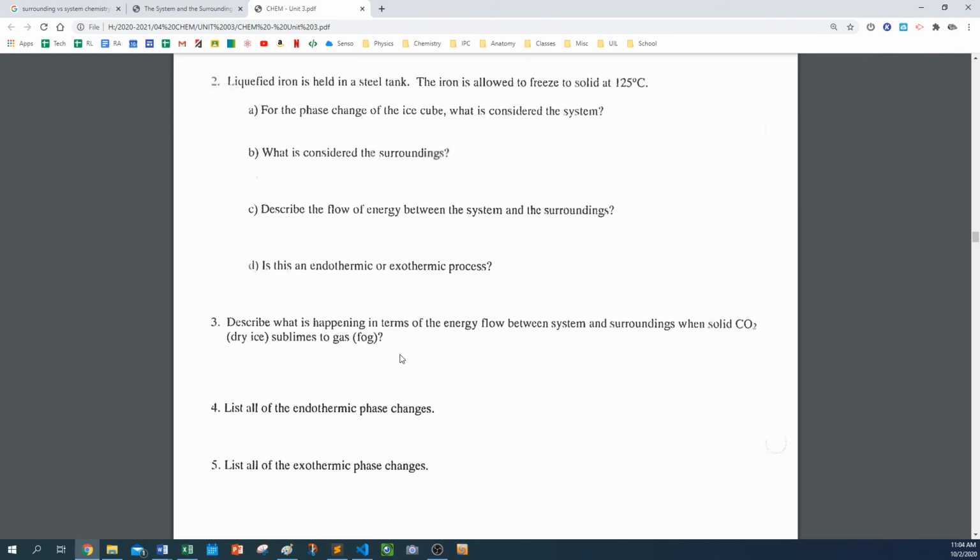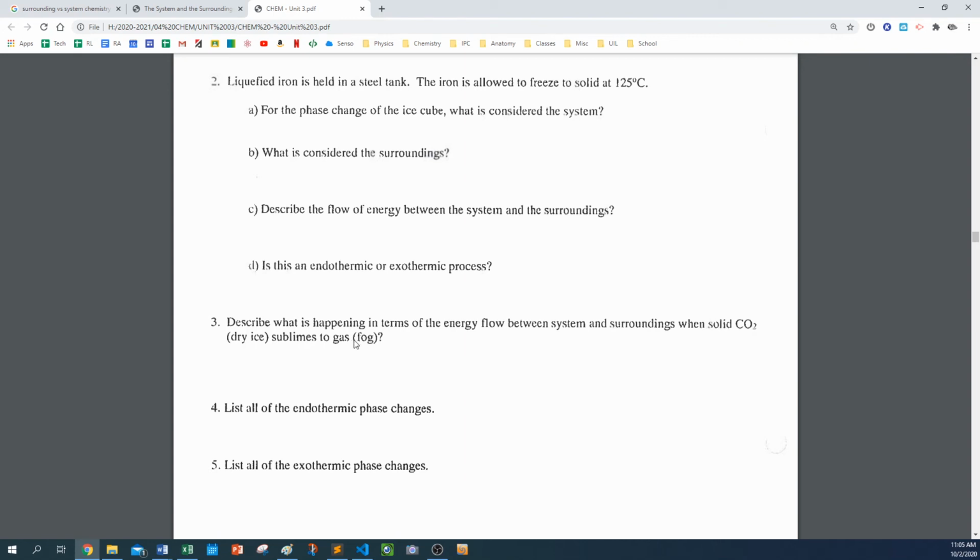Describe what happens in terms of energy flow between system and surroundings when solid CO2, dry ice, sublimes into gas, or fog. So when CO2 sublimes, what happens? Our CO2 would be our system because it's doing something.